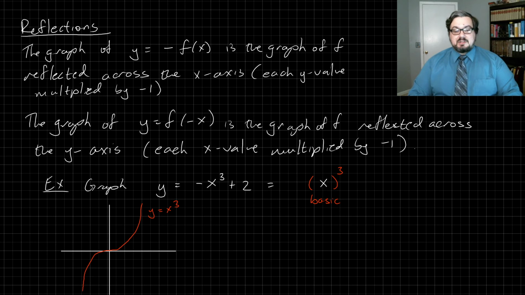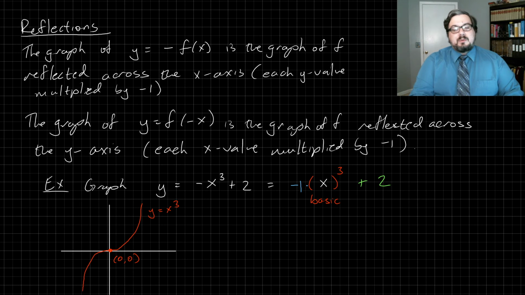There's y equals x cubed. It's got the point at (0, 0), and that's the only point I'm going to keep track of for now. And then we see that there are two things happening to it. There's a negative on the outside, which I'll write out explicitly as -1, and there's a +2 on the outside also.